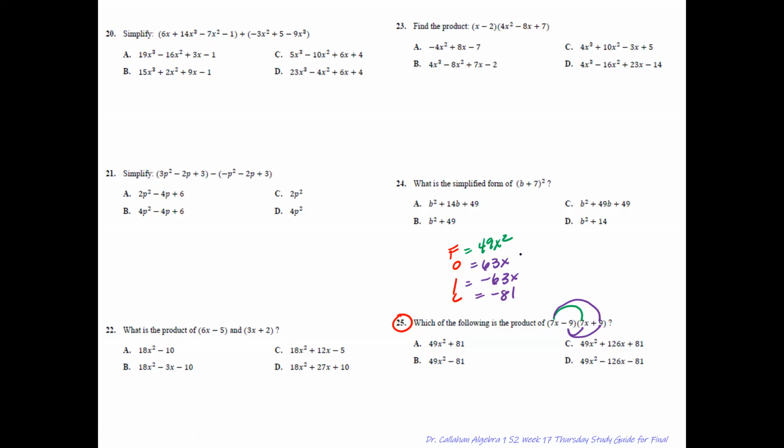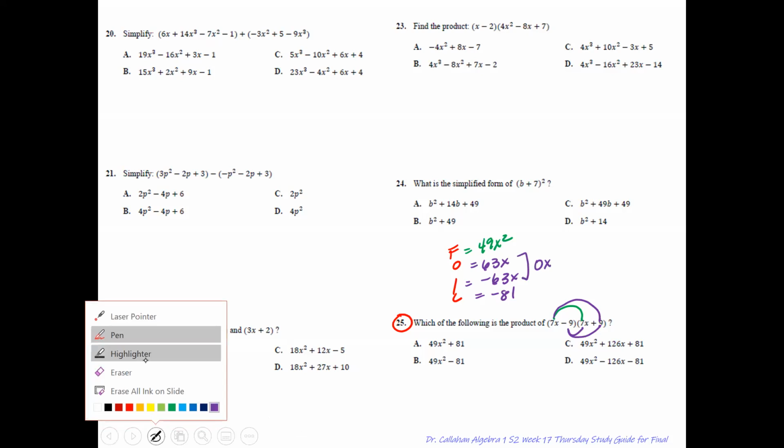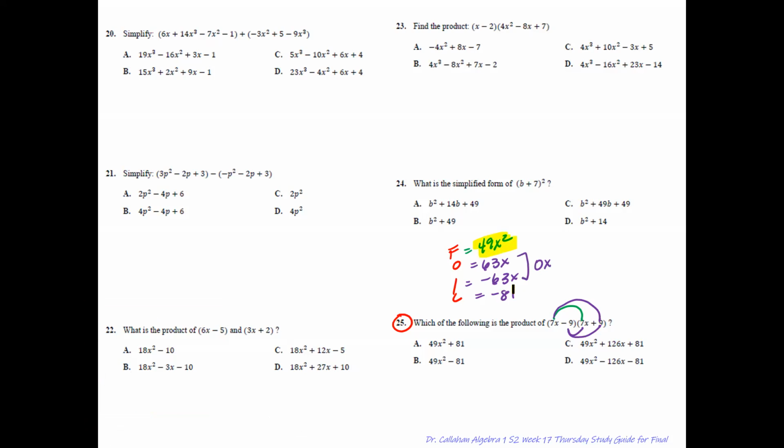Okay, and so then here, you're going to go ahead and combine them, which is a 0x. So really your answer is just going to be 49x squared minus 81.